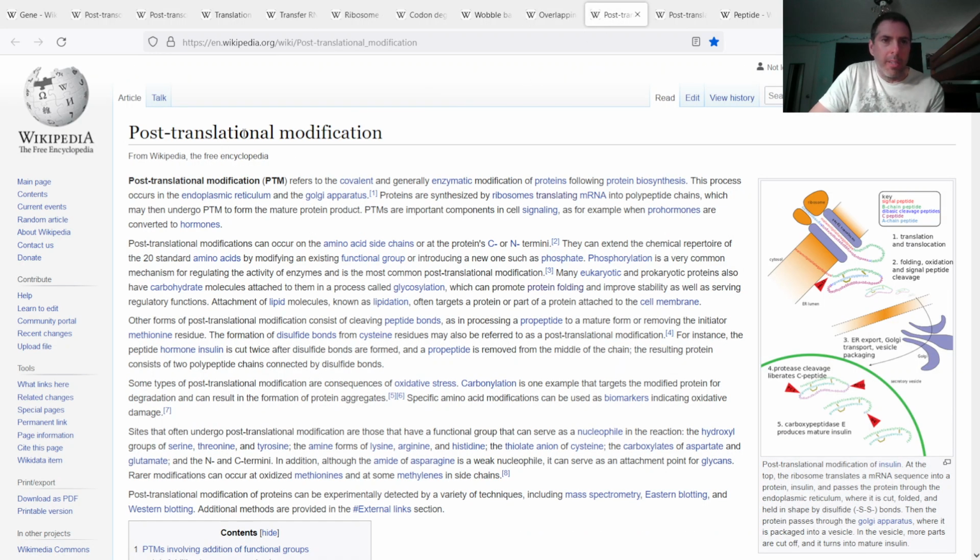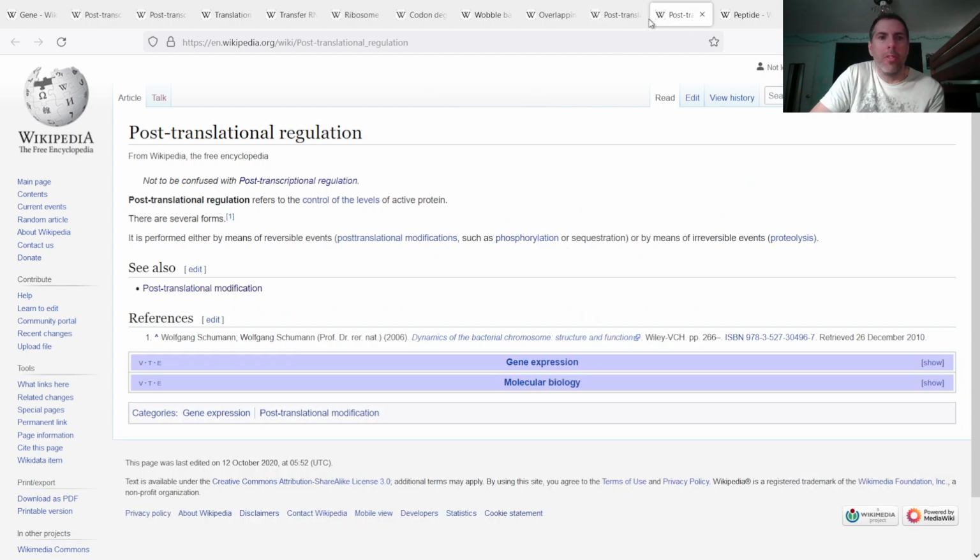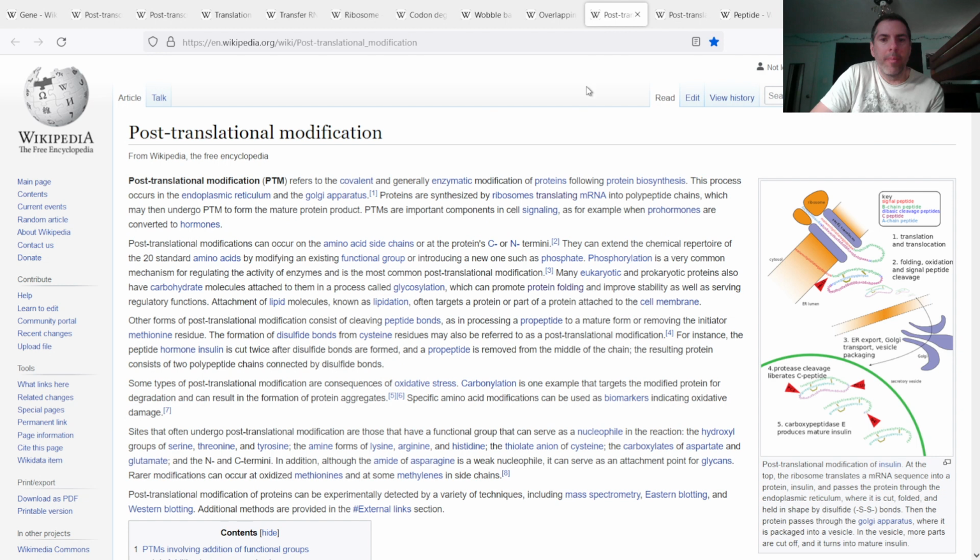So just like transcription, there's post-translational modification and post-translational regulation. So the modification is adding a phosphate or other functional group to it, or maybe related to information on transport that needs to be removed from the polypeptide chain before it's an actual functional protein.